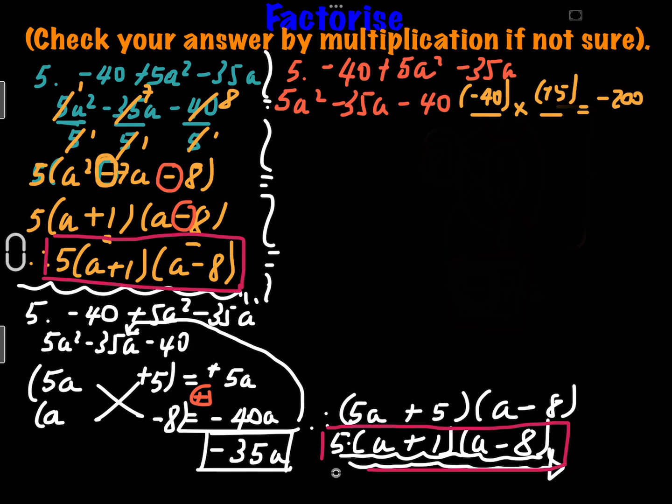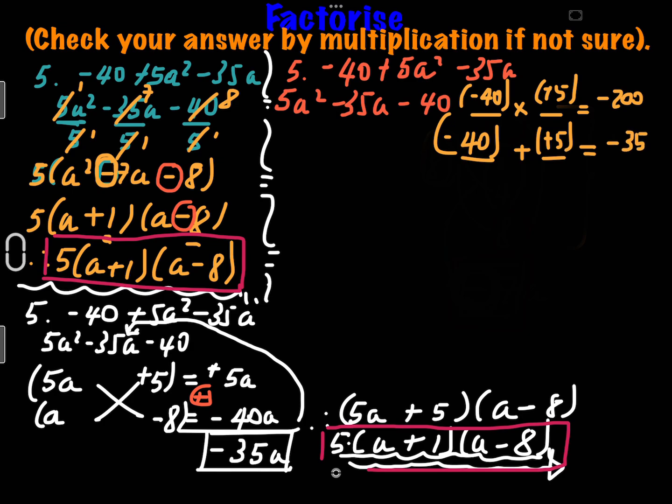Okay, now after multiplying those two factors to get the product of negative 200, we want to use those two factors to sum them up and see what we get. So we have negative 40 plus positive 5, that gives us negative 35.